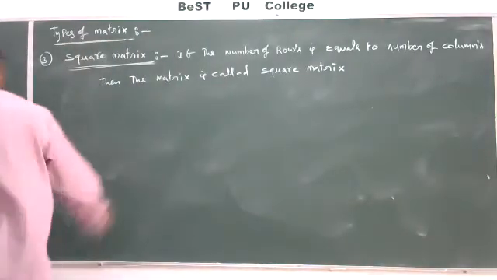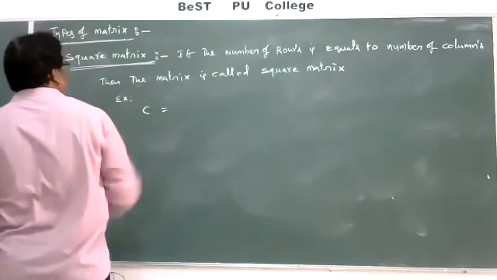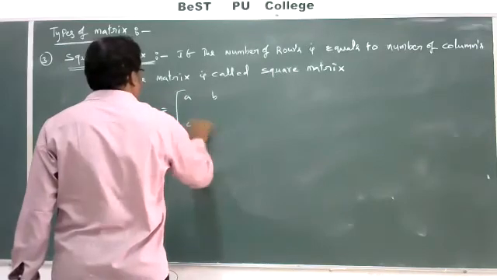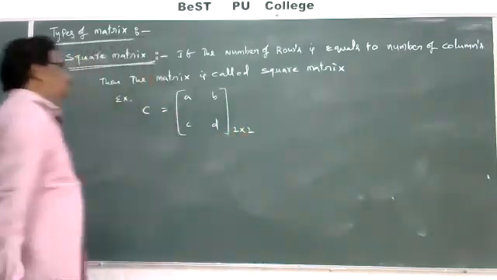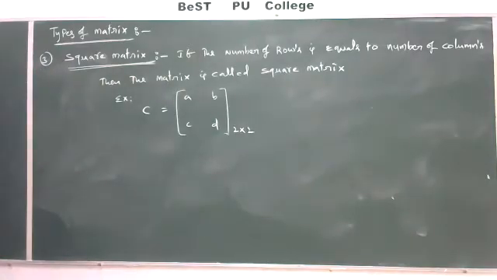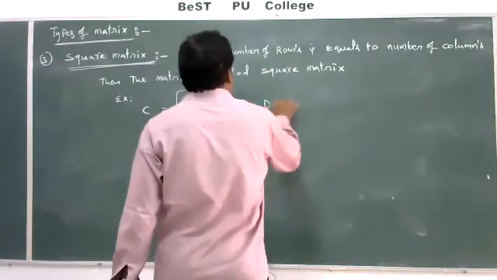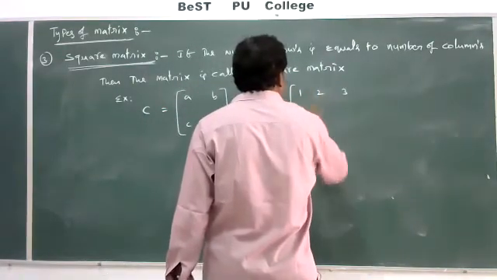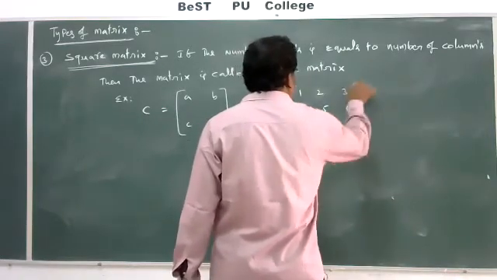Example, capital C is equal to A, B, C, D. That is a 2 by 2 matrix. Number of rows equal to number of columns. D is equal to matrix 1, 2, 3, 4, 5, 6, 7, 8, 9.